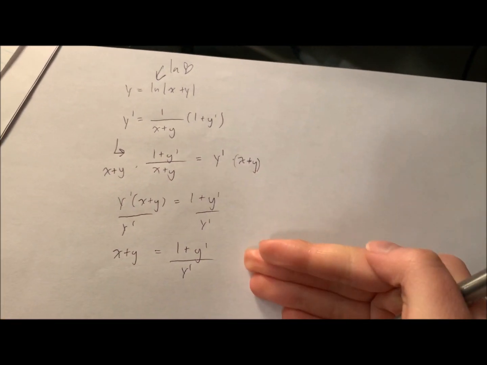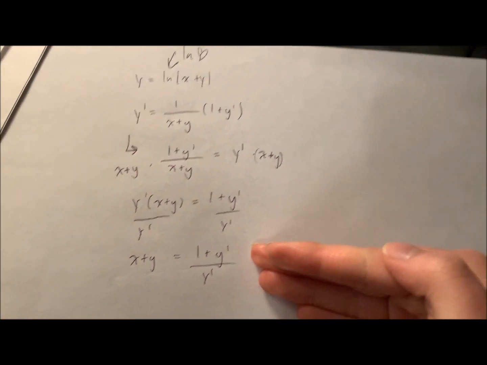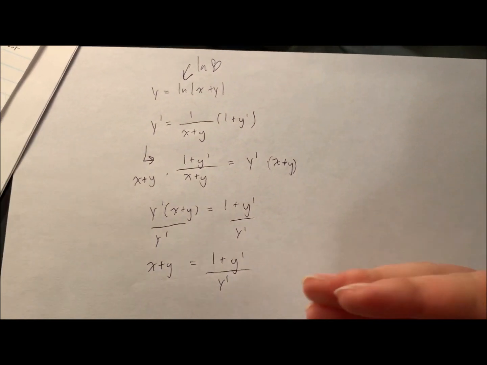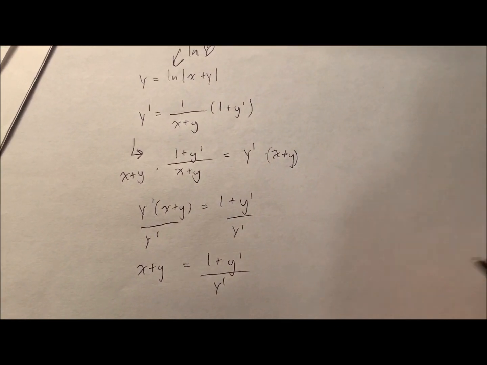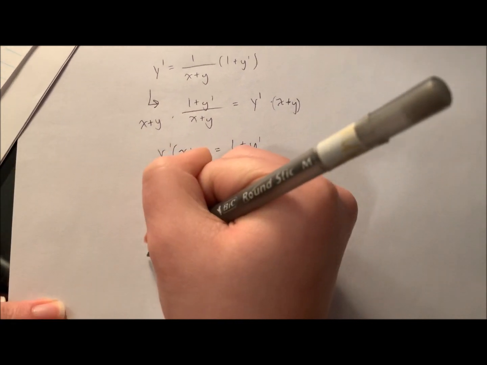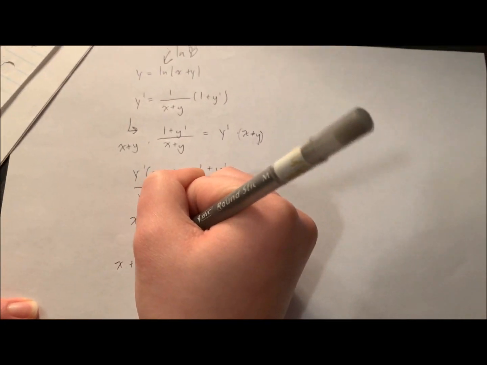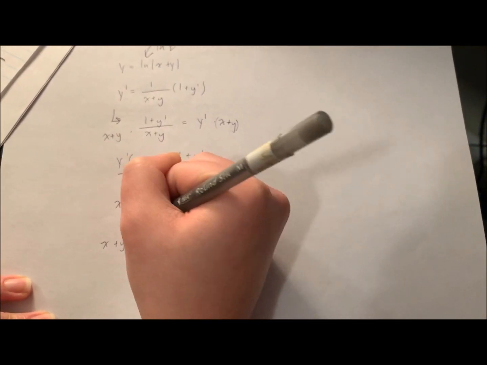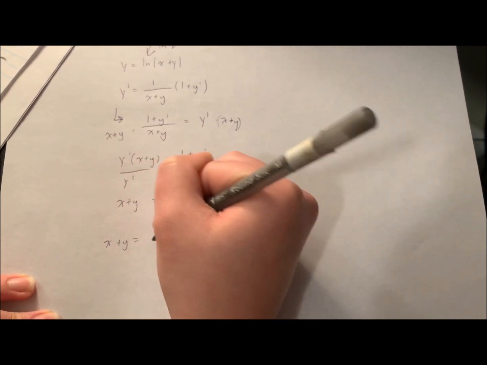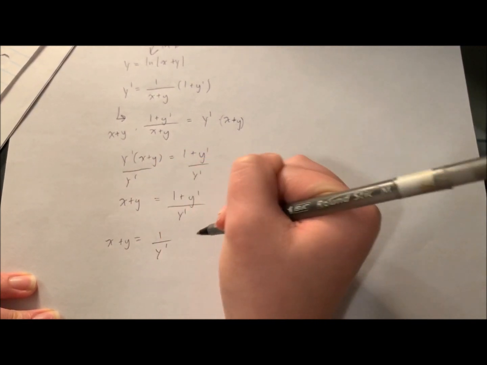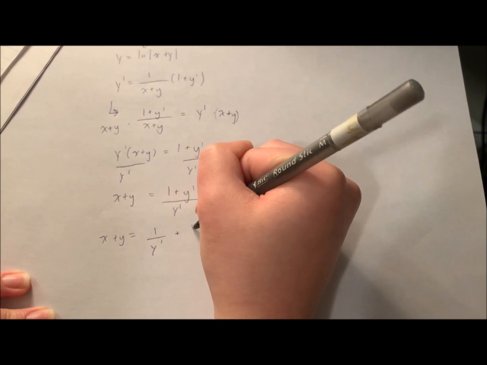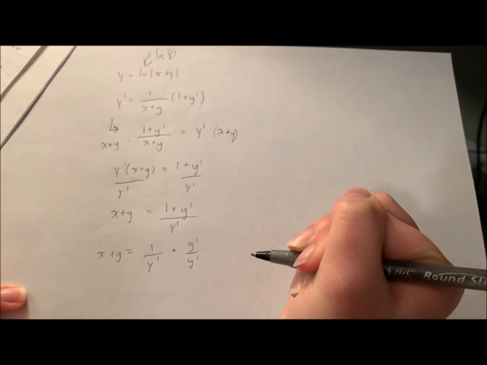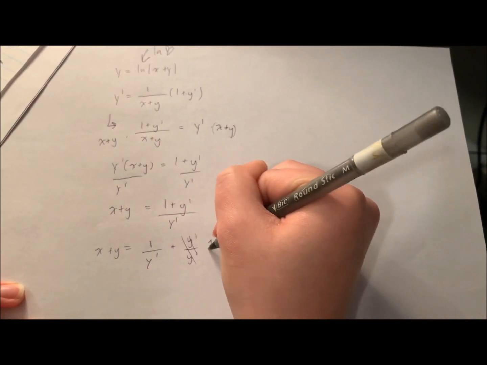But we don't really want to do this. I mean, we do, but we have to do something else with it. We want to separate the fractions, if that makes sense. Equals 1 over y prime plus y prime over y prime. And that just becomes 1.